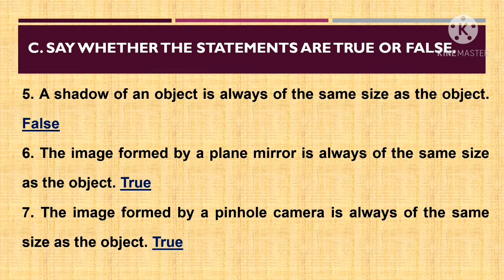Answer: true. Question 7. The image formed by a pinhole camera is always of the same size as the object. Answer: false. The correct statement is: the image formed by a pinhole camera is not always of the same size as the object.